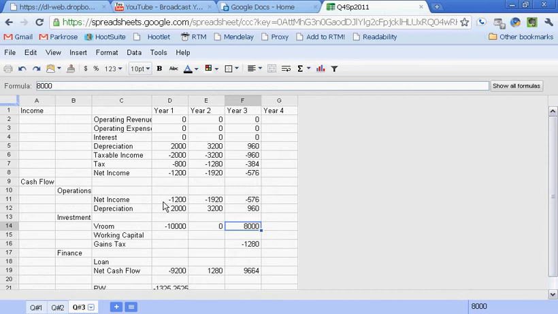Easy. The complicated part ends up being the gains tax, because what you have to realize is that you took, what was it again? $2,000 plus $3,200 plus $960 worth of depreciation. Well, that's $6,160 worth of depreciation, but then you sold it for $8,000. So you didn't sell it for its book value.